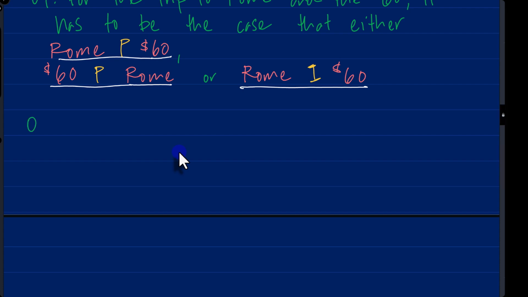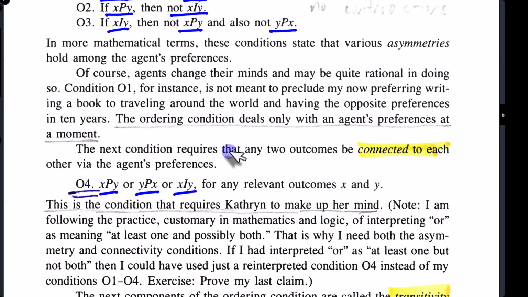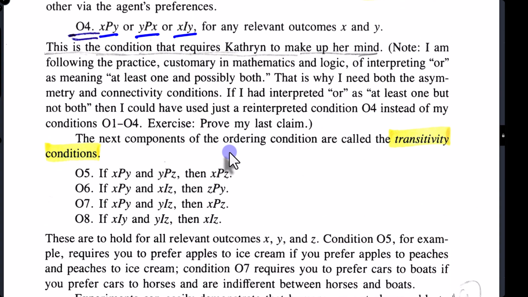So according to condition 7, if someone prefers X to Y and that person is indifferent between Y and Z, then that person will prefer X to Z. So again, the person prefers X to Y, and then Y and Z are equivalent.